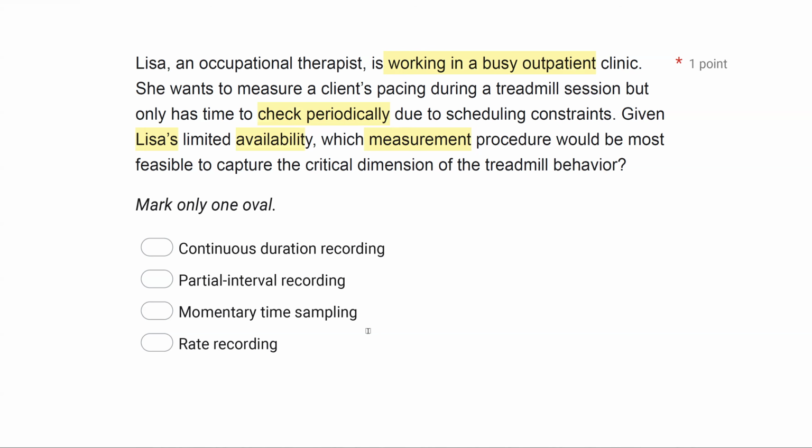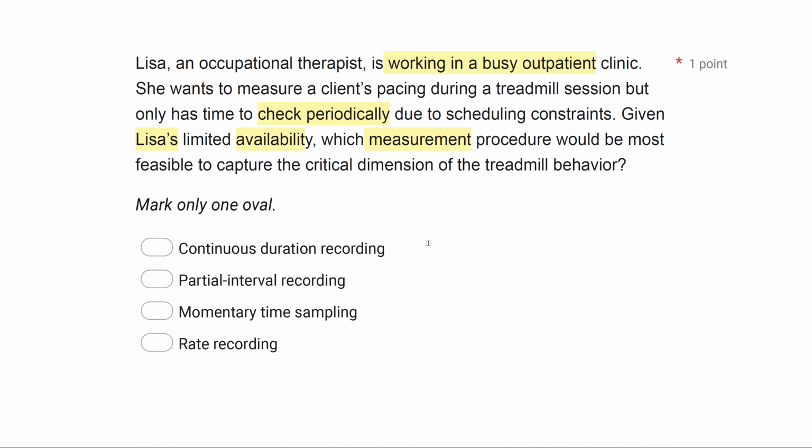With momentary time sampling, however, you only have to be there at the end of the interval. So if Lisa can only check periodically, then she can set it up to where she only has to check in the moment, the momentary time, right, of the end of the interval, and she can take C, momentary time sampling. And then D, rate recording, that is also continuous, and we're not measuring a frequency.